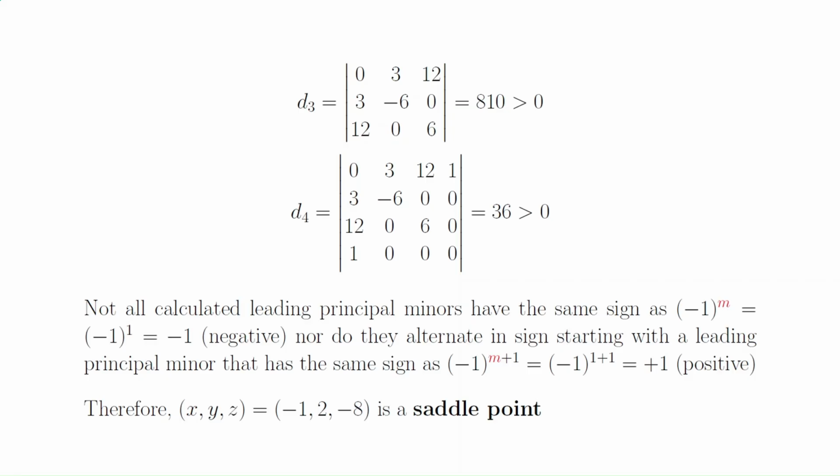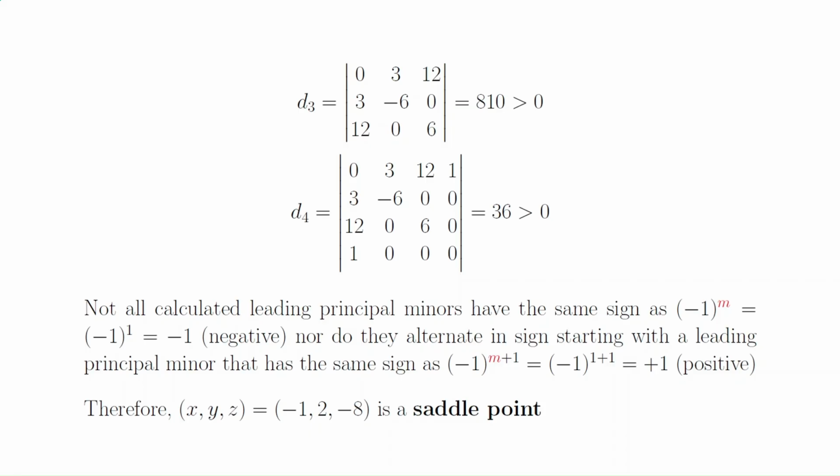However, according to our criterion, you will see that we are not in case 1, because not all calculated leading principal minors have the same sign as -1 to the m. Obviously, we didn't obtain two negative determinants. Neither are we in case 2, because there is not an alternation in the signs of the determinants, starting with a minor with a sign of -1 to the m plus 1.